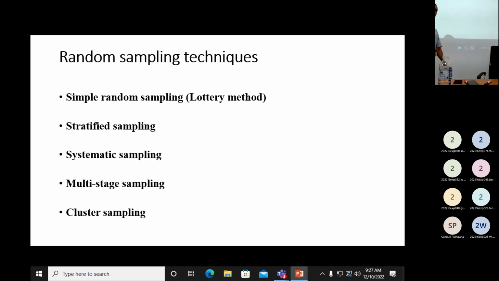Like that you can select from each strata. In our studies we select first year, second year, third year, fourth year like that. Or area wise you can select. Employees, education wise you can select. And therefore you can decide which strata you need.